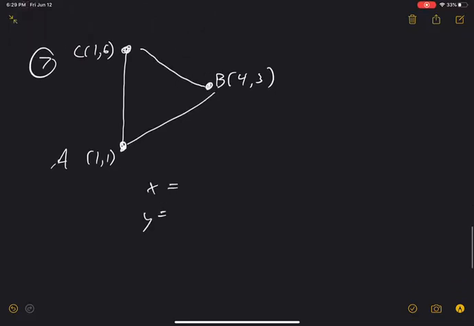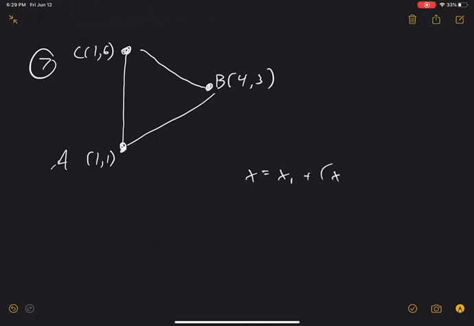At the top of this problem, they give you the formula: x equals x1 plus (x2 minus x1) times t, y equals y1 plus (y2 minus y1) times t. So just plug these x and y coordinates into these formulas.